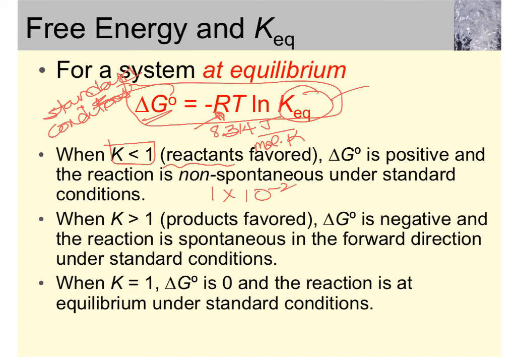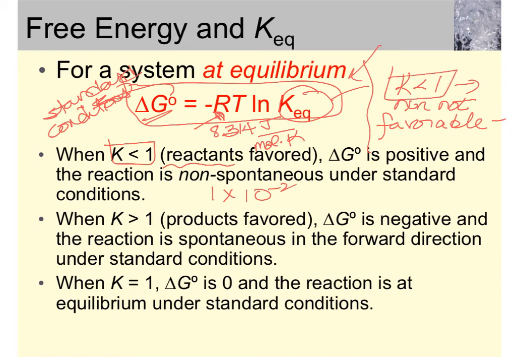So if K is less than 1, the reaction's not favorable, it's not going to product. That fits with this, because according to this mathematical equation, if K is less than 1, delta G is positive. And we also know that a positive G means non-favorable, non-spontaneous. So K less than 1 goes with G with a positive value.